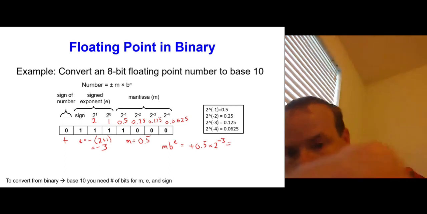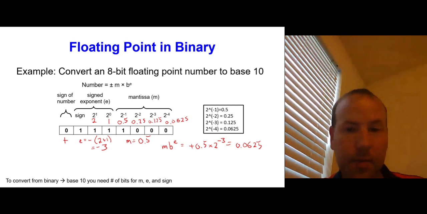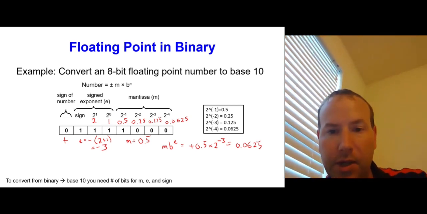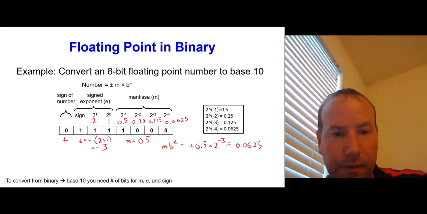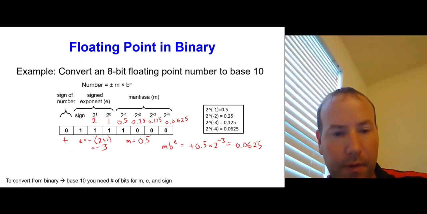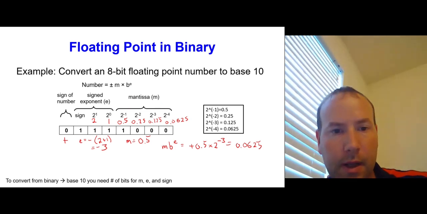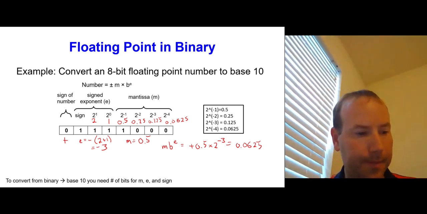And if you calculate what that is, that equals 0.0625. So this is the base 10 representation of this number. Note that if you want to do this for other problems that have different floating point systems, the numbers that you need are the number of bits that are used for the mantissa, like in this case, it was just 4; the number of bits that are for the signed exponent, in this case, is 3; and the number of bits for a signed number, which is 1.